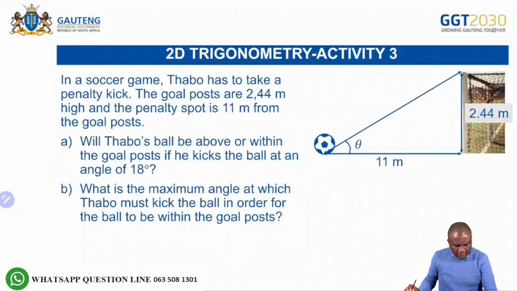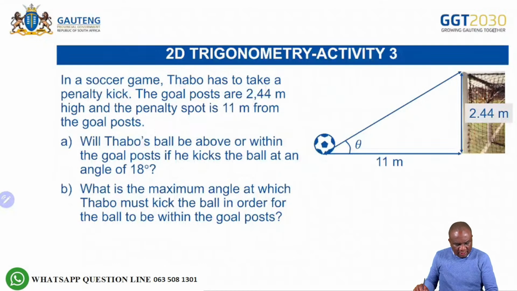This is activity 3. In a soccer game, Tabo has to take a penalty kick. The goalposts are 2.44 meters high, that's the height of the goalposts, and the penalty spot is 11 meters from the goalposts.